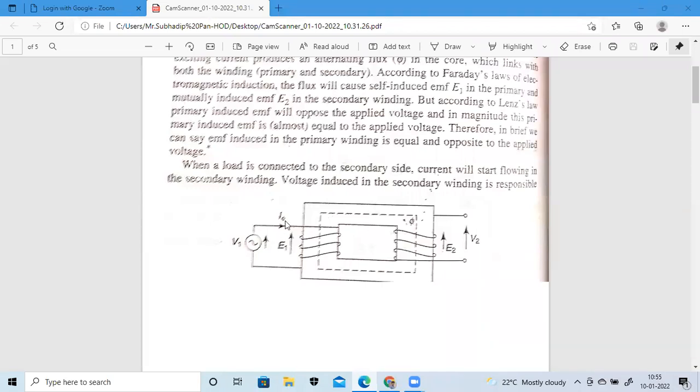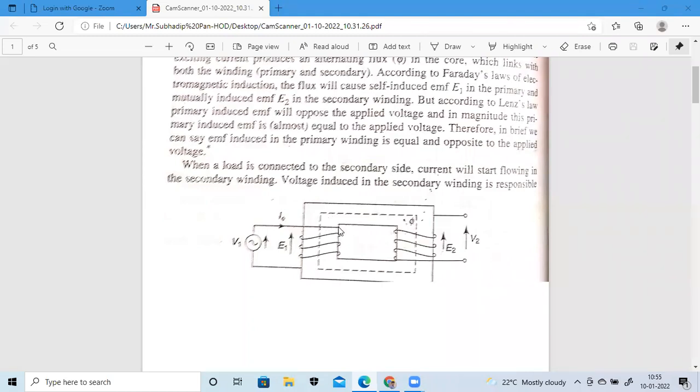Since this voltage is sinusoidal, the exciting current drawn from the supply into this coil is also sinusoidal. Due to the current flowing in this coil, flux is produced, so the flux is also sinusoidal.